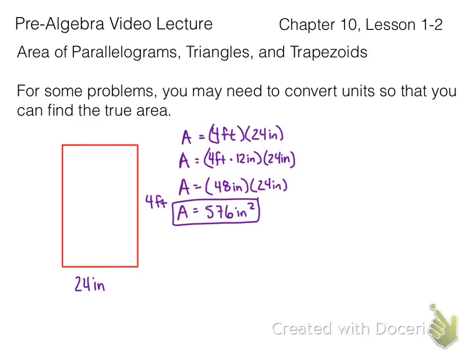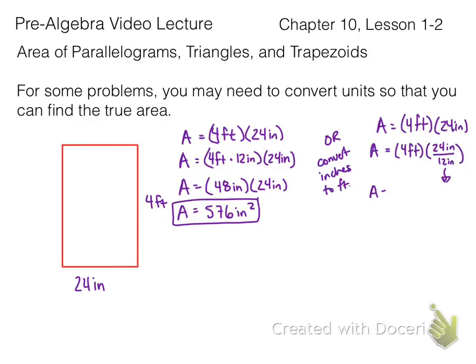So again, you can turn feet into inches, or you can convert inches into feet, which is probably the more practical one. 24 inches is the same as 2 feet, because you divide 24 by 12 and you get 2, and then 2 feet times 4 feet is 8 feet squared.